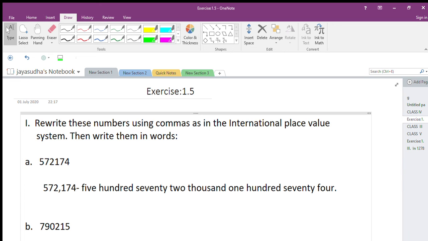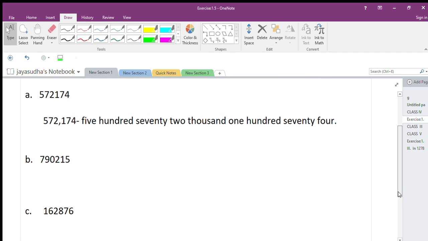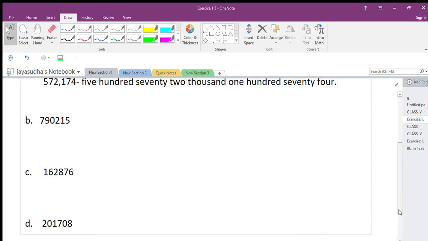Okay. Now move on to the next sum. First you write the number as it is, 790,215. Now you put your commas in the international system. 3 digits before, you have 1 comma. Then you have to write the number name.